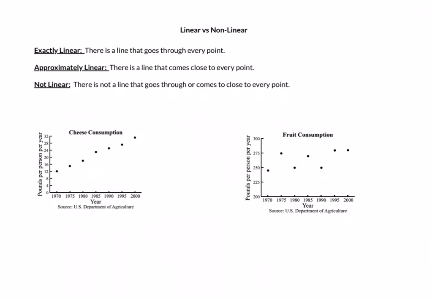So if we look at the examples below, we have cheese consumption and fruit consumption. Cheese consumption, one of the things to note is that this is approximately linear. If you look at it and kind of squint your eyes a little, make it a little fuzzy, you can probably see that there is a line that's going to come close to every point.